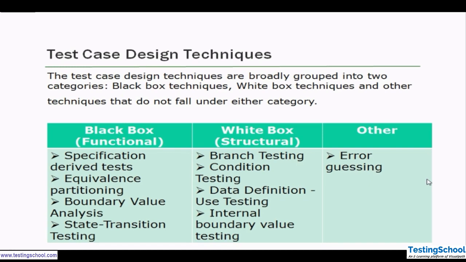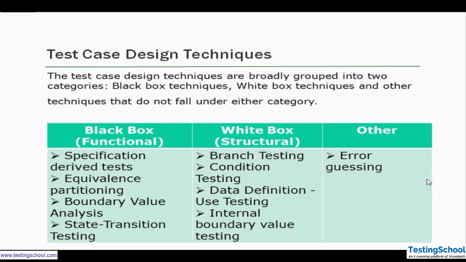In this, we divide the input data of the software into two classes. One is valid, one is invalid, and we verify how it is behaving for different conditions. So in equivalence partitioning, we verify the valid scenarios for the partition and the invalid scenarios for the partition.